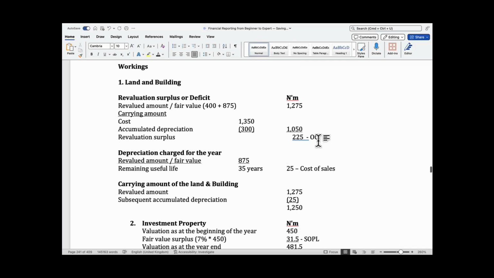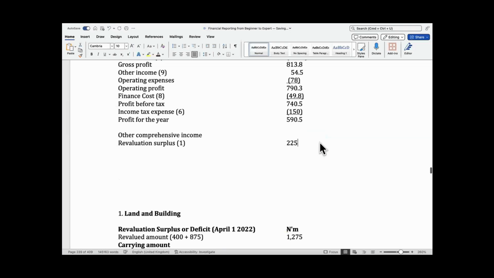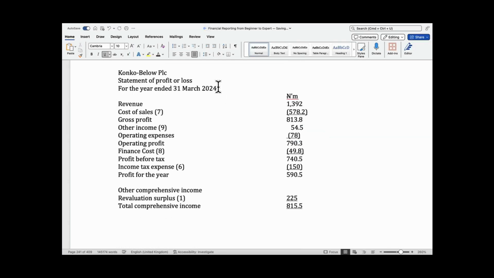If I add this to the 590.5, I get something I call total comprehensive income. How much? 815.5. Okay. So I'm done with this.